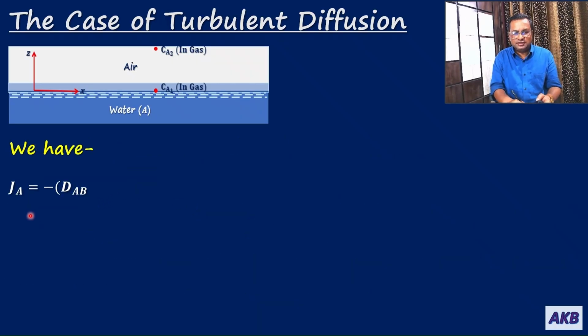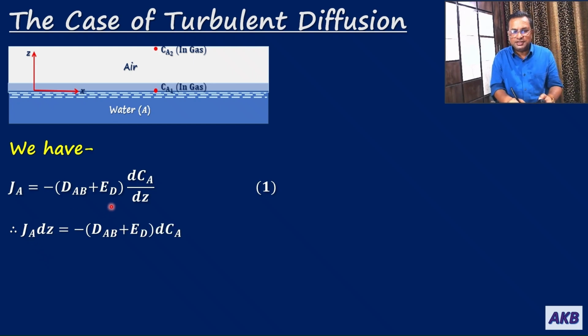So we have the equation JA is equal to minus (DAB plus ED) into dCA by dZ. That was equation number 1. If I rearrange it, it will be JA into dZ is equal to minus (DAB plus ED) into dCA. So this is a differential equation, and then you can integrate it.